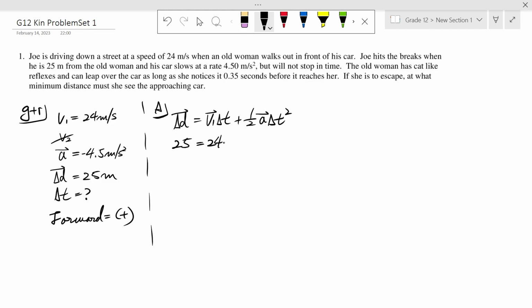V1 is 24 multiplied by T, minus 4.5, that's the acceleration, over 2, then T squared. I'm tired of writing delta, so bear with me. Anyways, if I convert this into a form that people recognize, it's a quadratic equation: 4.5 over 2 T squared, minus 24T, plus 25. Now you just got to plug it into your quadratic formula.